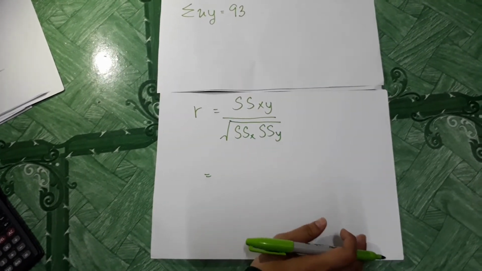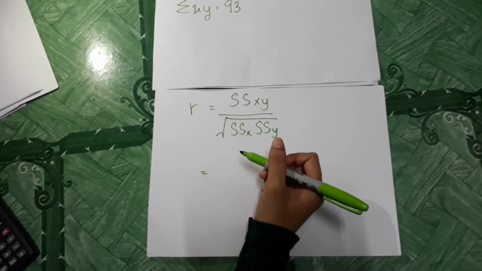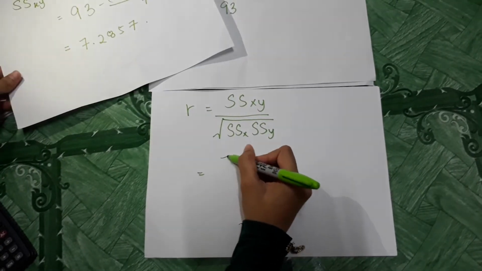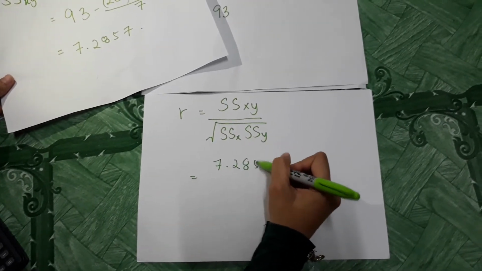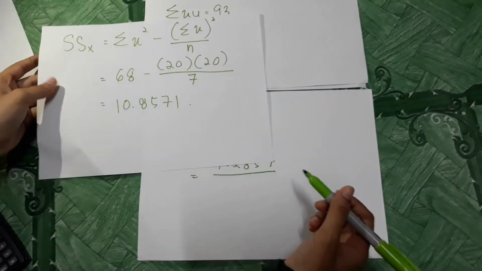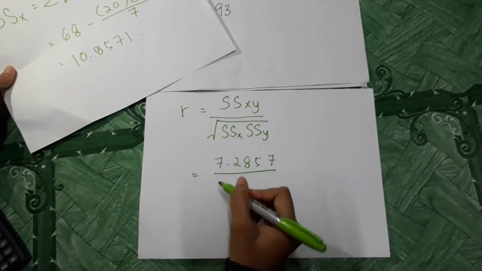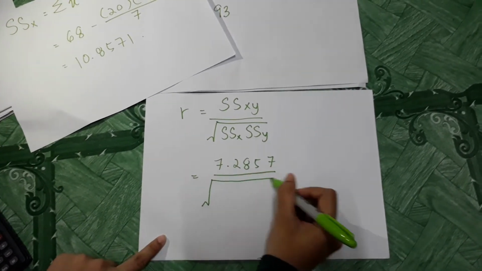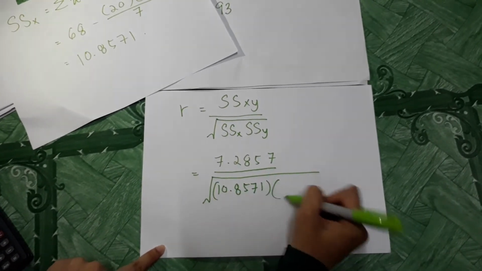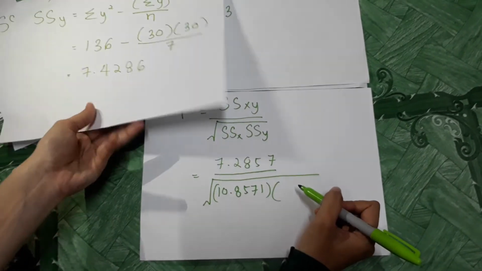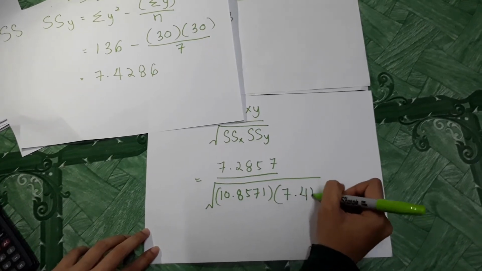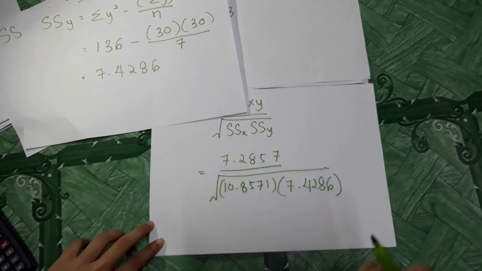So substitute the values that we have found in the previous calculations: 7.2857 over the square root of 10.8571 times 7.4286.